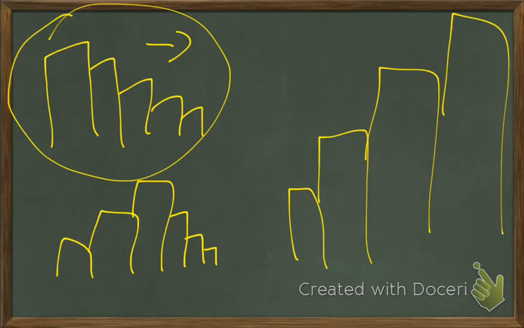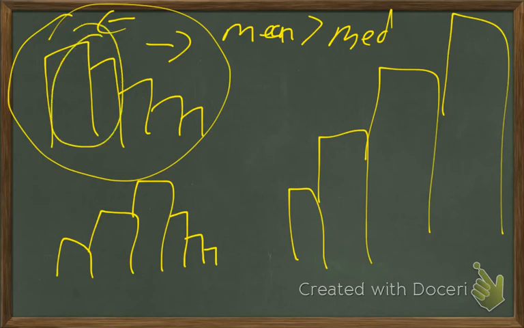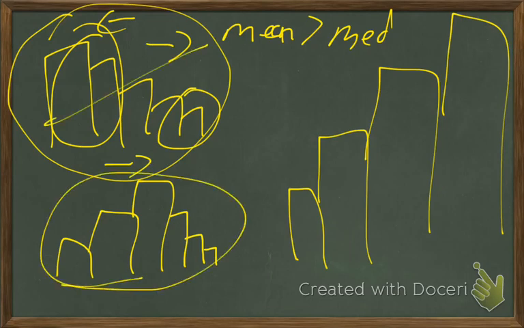So your mean is going to be greater than the median, because most of your information is in the median area, and the tail is going to pull the mean that way. So we're done with this one.